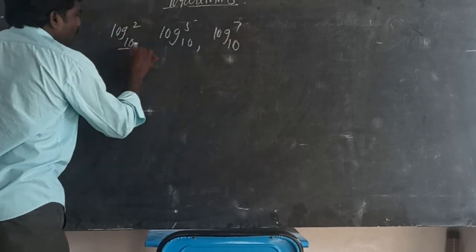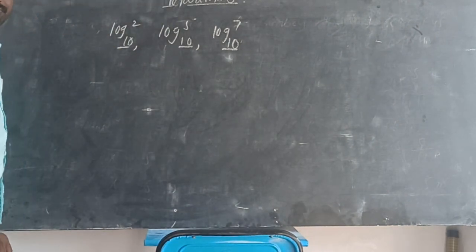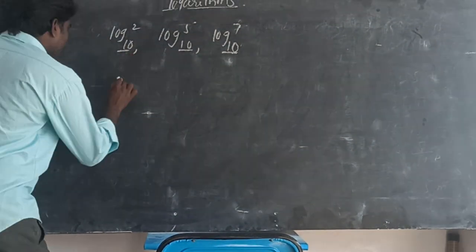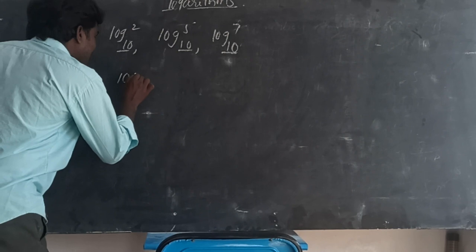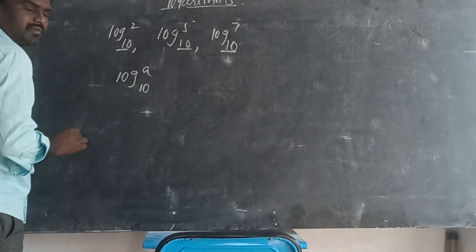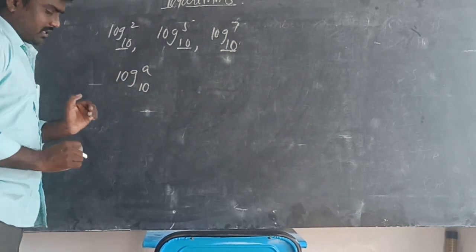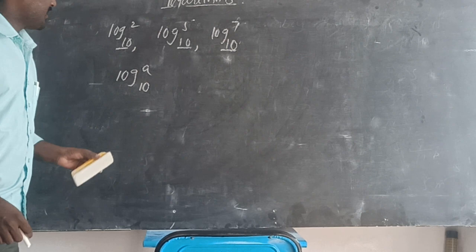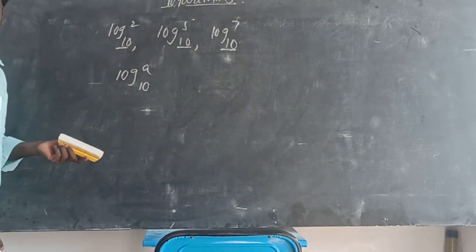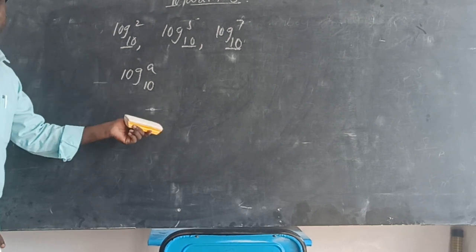Here the base is 10. These logarithms are called common logarithms. The common logarithms are in the form of log a base 10. These common logarithms were introduced by Briggs. Another name for common logarithms is Briggs logarithms.